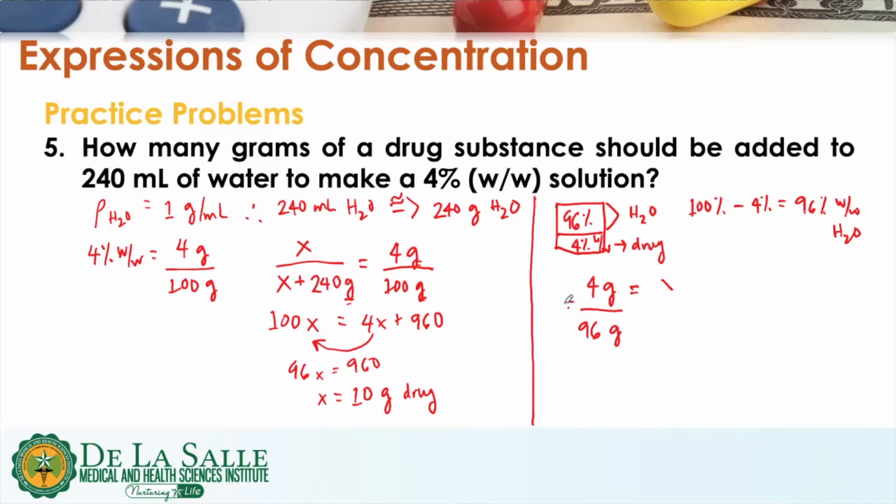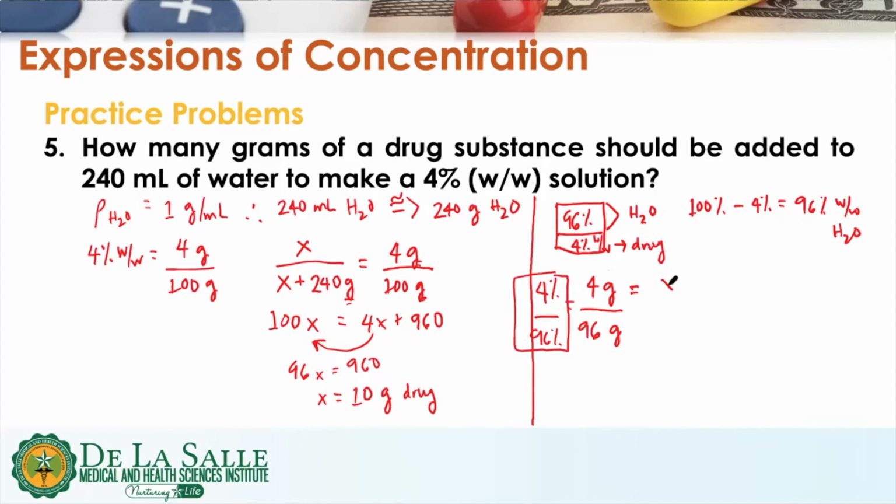This is the same as 4% and 96%. Okay? So again, in every 100 grams of the solution, there are 4 grams of the drug. And in every 100 grams of the solution, there are 96 grams of water. It comes from these percentages.